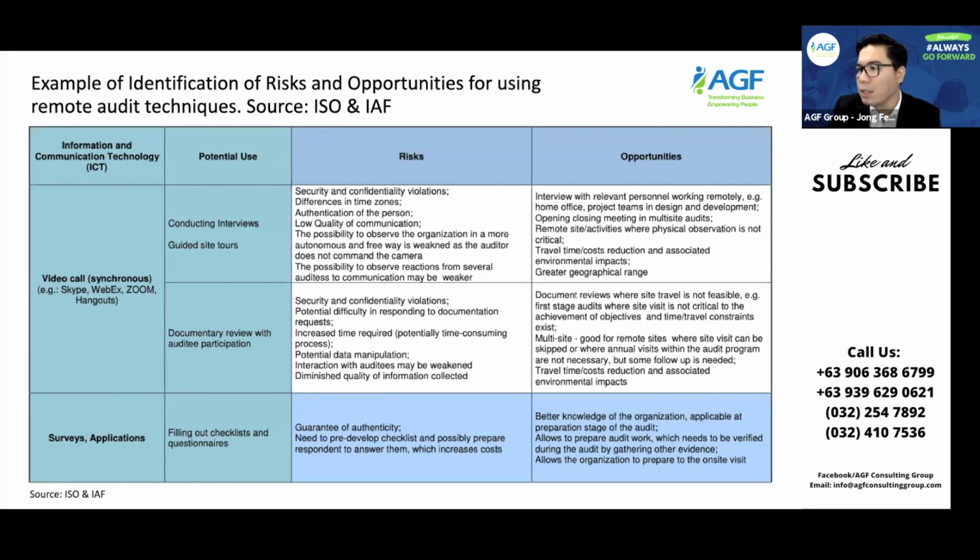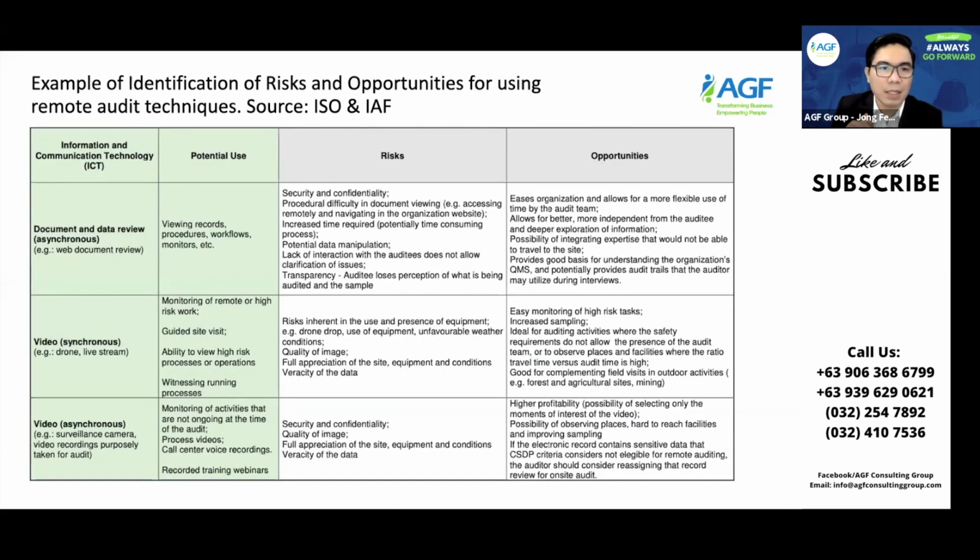Now, let's take a look at another example here. For example, here, still it's synchronous, right? We're doing synchronous video conferencing here. So look at this. You can also use drone or live stream, for example.